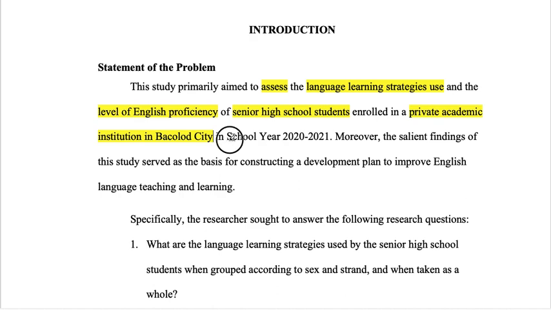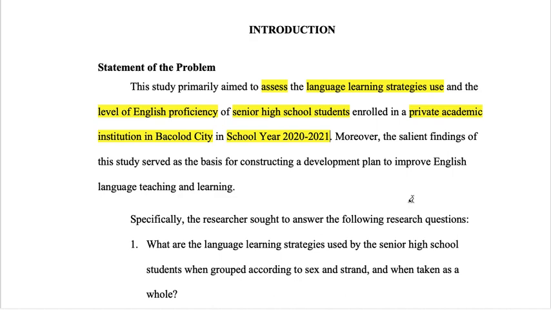When? School year 2020-2021. So, as you can see in the statement of the problem, the researcher provided all the details to make the research problem, or the statement of the problem, SMART: specific, measurable, attainable, result-oriented, and time-bound.